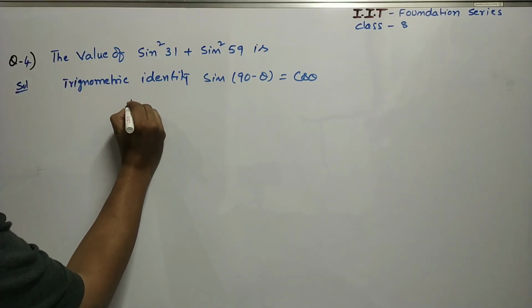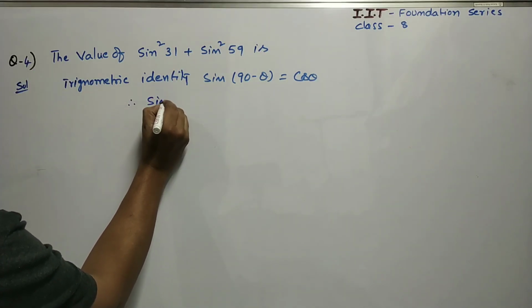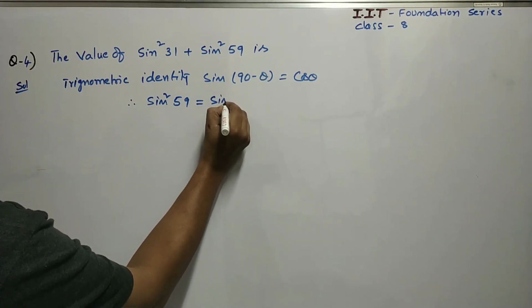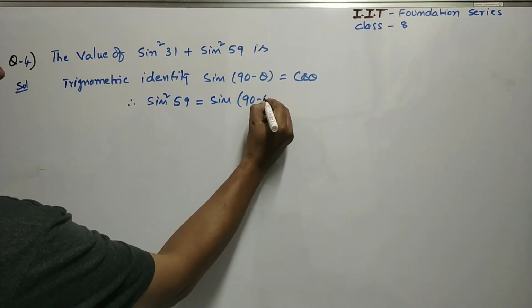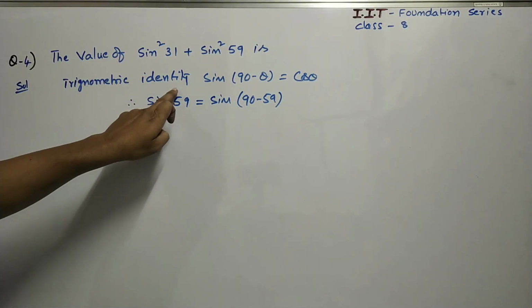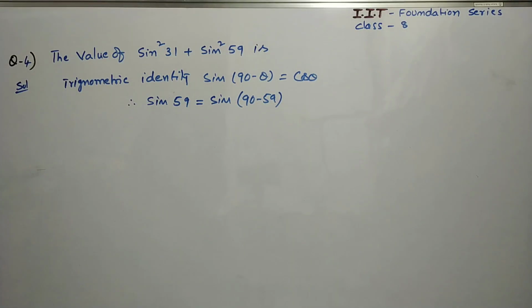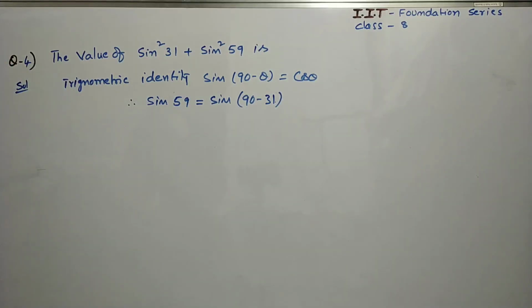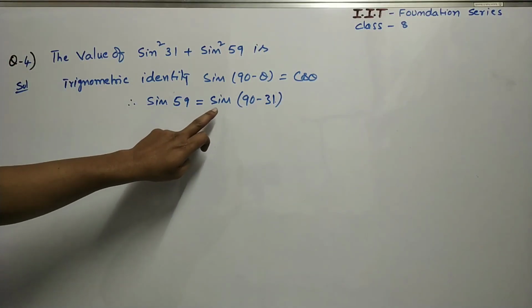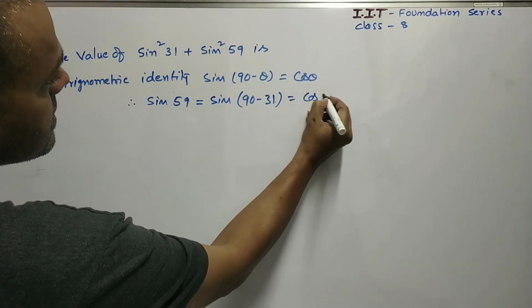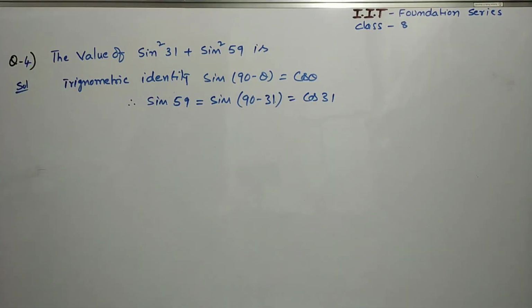Therefore, we may write sine square 59 is equal to sine square of 90 minus 31. Sine of 90 minus 31 is equal to cos 31.